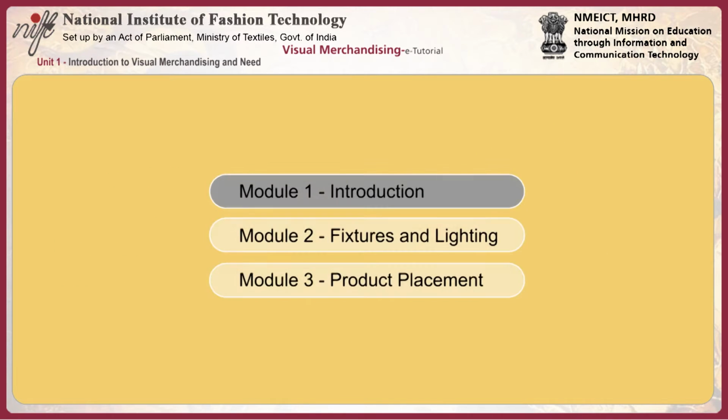The first module introduces you to visual merchandising. This module explains the need for visual merchandising. This module reviews the different terminologies of visual merchandising with regard to layout and design, fixtures and lighting, displays and product placement.